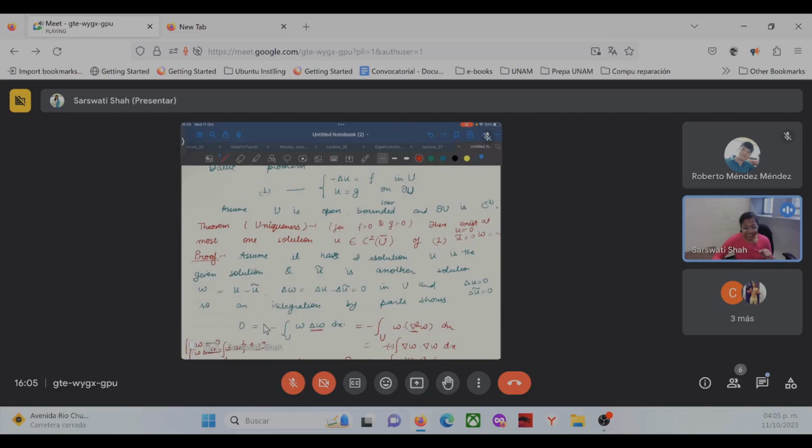So this Laplacian is going to have a unique solution when it has a zero boundary condition, isn't it?